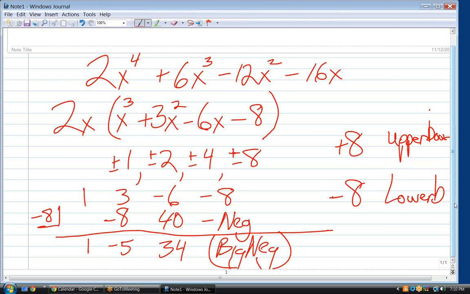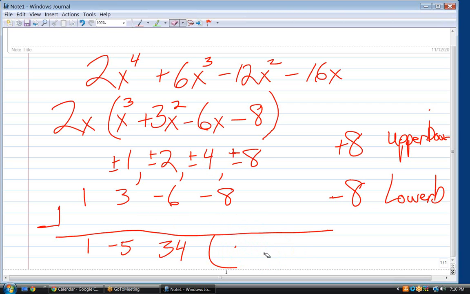So the reason that's useful is we don't actually have to try every single number here. In other words, if we discover that plus 2 is an upper bound, well, then I don't have to try plus 4 or plus 8. So there are a few shortcuts you can take.